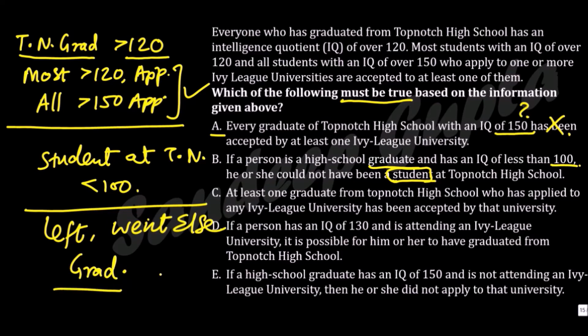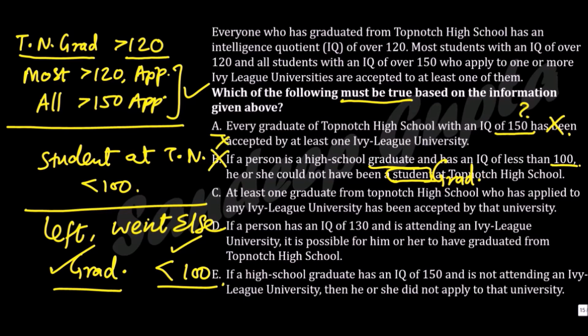And his or her IQ is still less than 100. And this person could still have been an earlier student of top notch. So now let's say a person is a high school graduate, yes, graduate, IQ is still less than 100, but earlier he or she could have been a student of top notch. Now, if this word had been graduate, this would have been the correct answer.